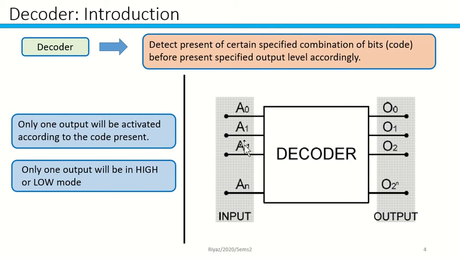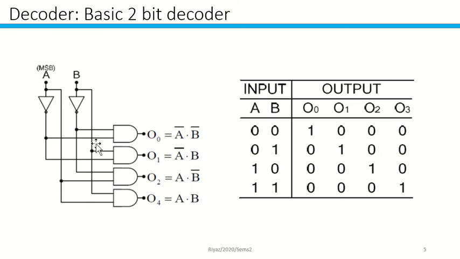When you have an input of this one, you're going to have an output of this one. For example, you have two possible inputs, A and B. A has A0 or A1, B has B0 and B1, so B bar or B, A bar or A. Because there are only two inputs, there will be four possibilities: 00, 01, 10, or 11.